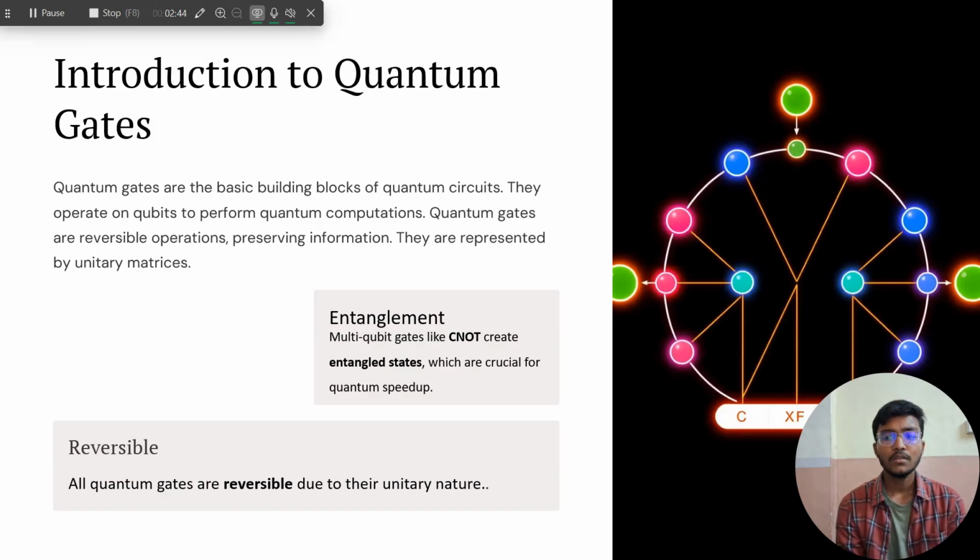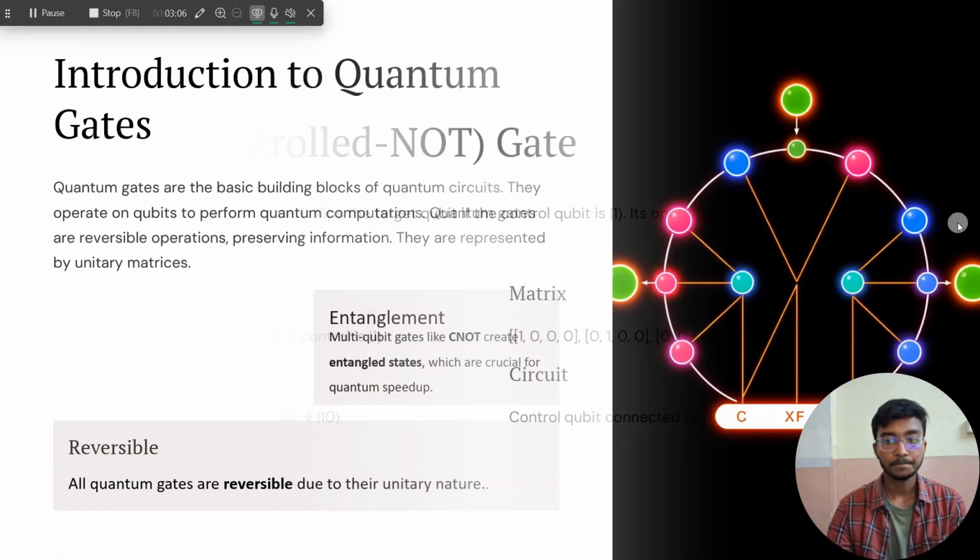The second one is reversibility. All quantum gates are reversible due to their unitary nature. And the third one is unitary matrices. All the quantum gates are unitary matrices. These are some of the aspects we will require to understand quantum gates more deeply. Let's move to our next slide.